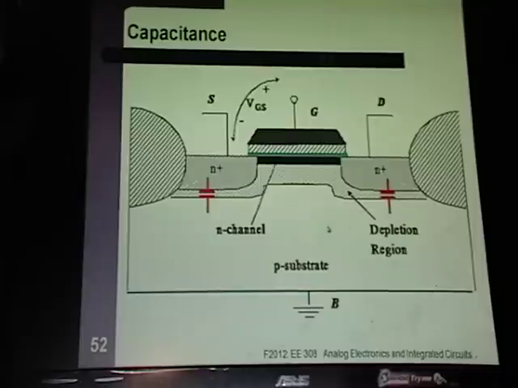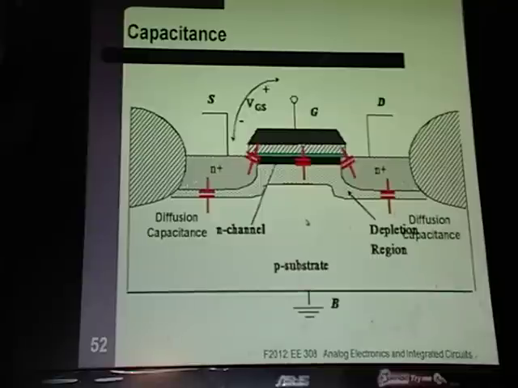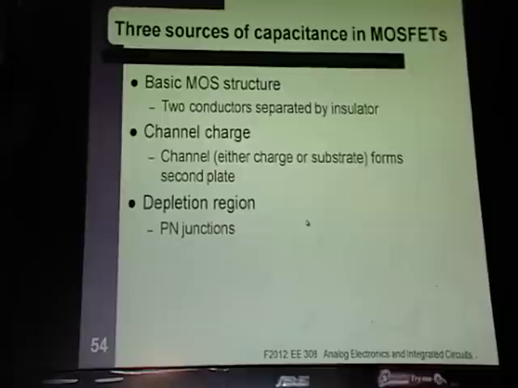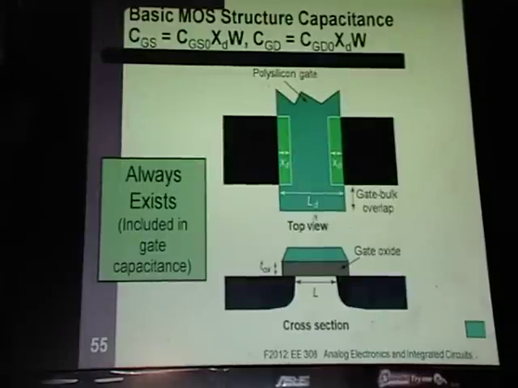But now we need to add the capacitors. And in the last homework, you calculated the capacitance of a MOSFET and a BJT. So hopefully you know where the capacitance comes from now.